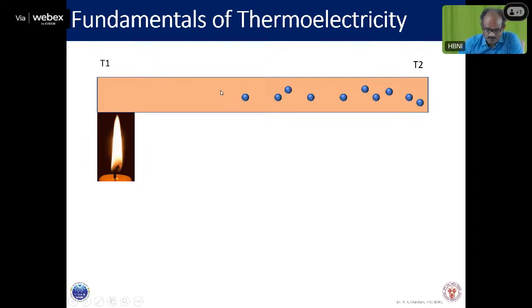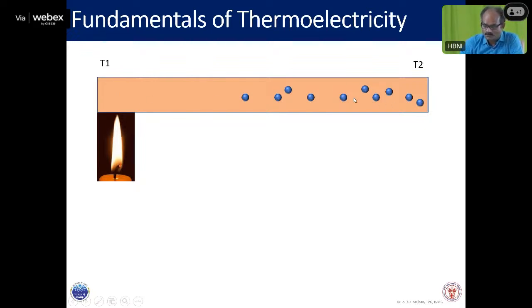All the electrons will not move, but you can say there will be relatively more electrons in this side and fewer electrons at this side. This is only for pictorial purposes, so it shows that all electrons have moved, but there will be electrons here also.